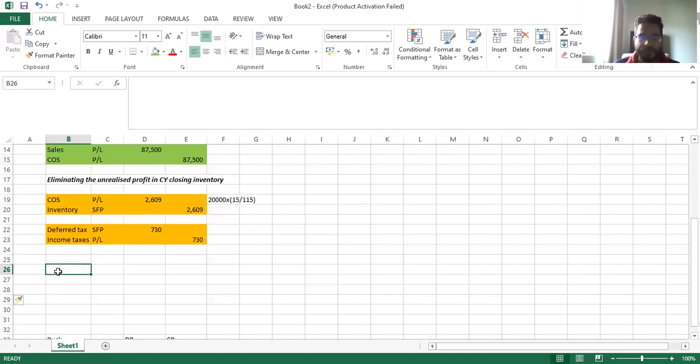But remember now, with a subsidiary, we bring on 100% of the subsidiary's assets, liabilities, income, and expenses on a line by line basis. But with an associate, from an income statement point of view, we bring one line item on called share of associates' profits.